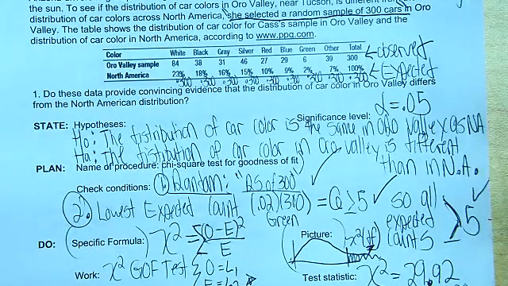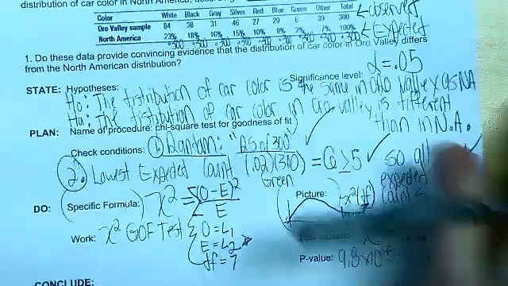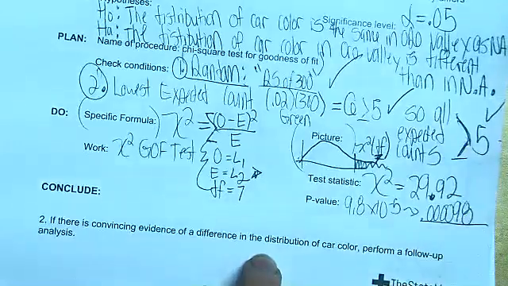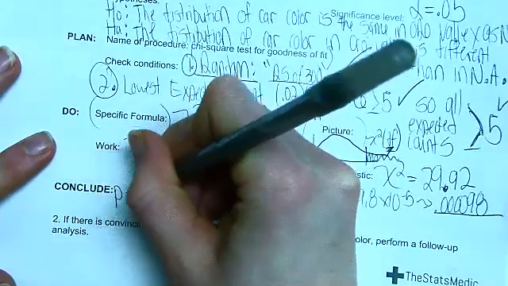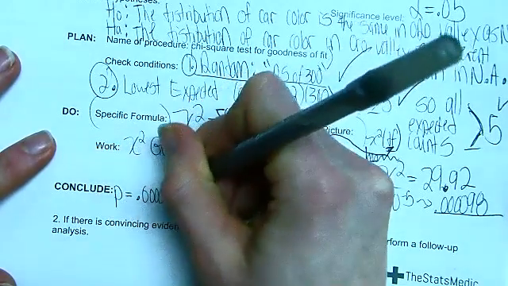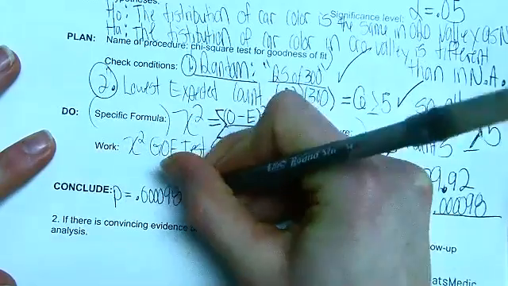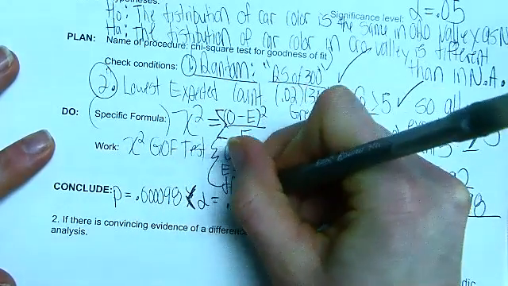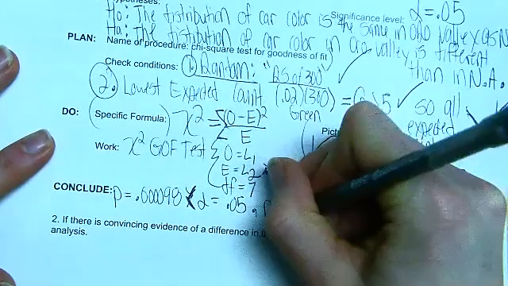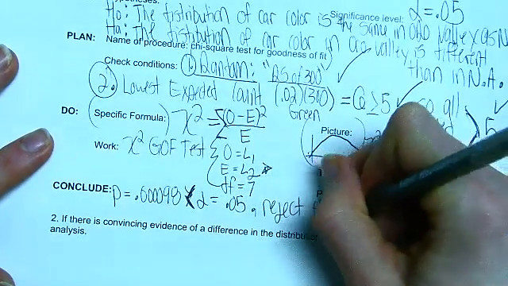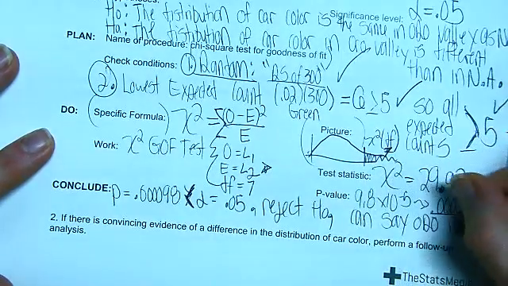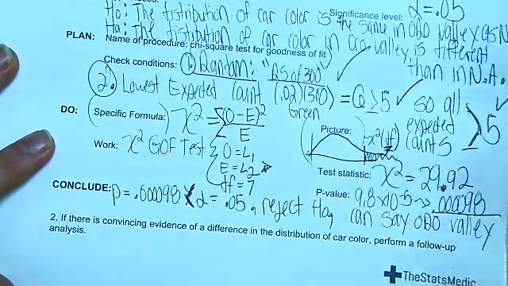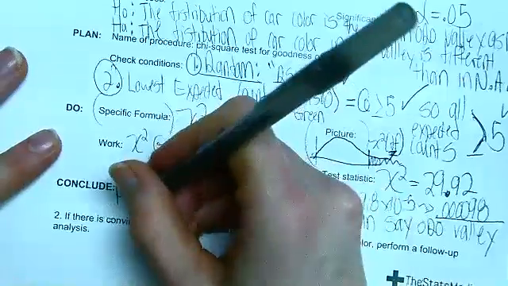And then our p-value is 9.8 times 10 to the negative 5th. Remember, I actually do want to see you guys move the decimal over. So once again, your conclusion, you take your p-value, compare it, it should be less than alpha. If you are less than alpha, you can reject the null hypothesis and can say Oro Valley has different car color distribution.